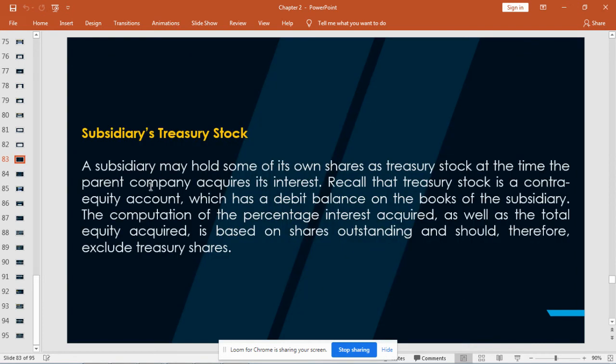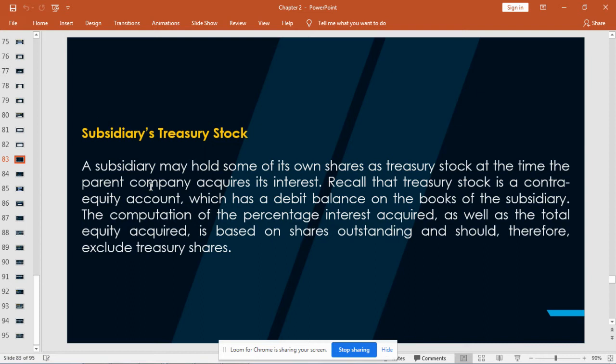Ayan. So, subsidiary may hold some of its own shares as a treasury stock at the time the parent company acquires its interest. Recall that treasury stock is a contra equity account which has a debit balance on the books of the subsidiary.